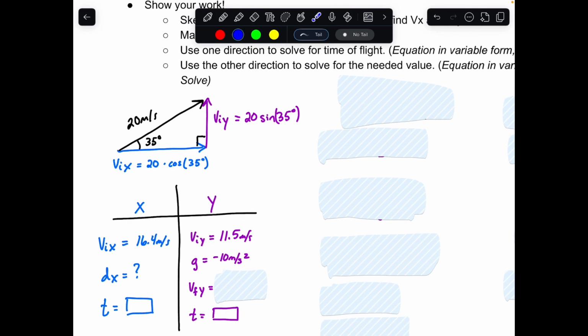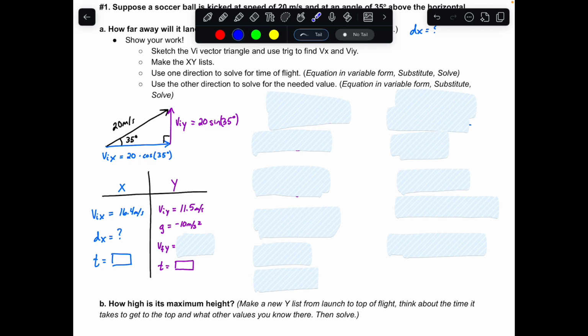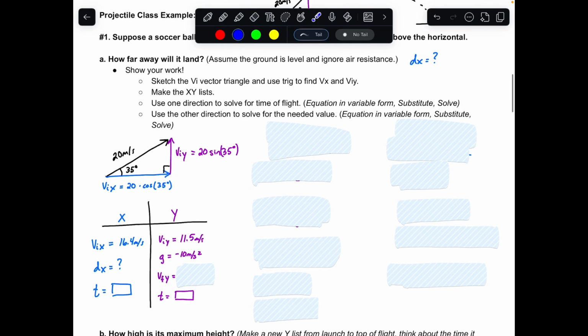All right, now that's important because when we solve our equations, we're looking for a dx. So I can only use the x velocity. I can't use the 20, and I can't use the y velocity either. These are off limits. I have to use my x velocity. So in order to find that, I'm going to use the x velocity as dx over t.